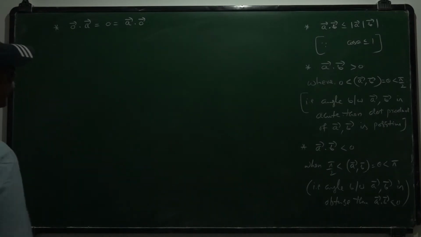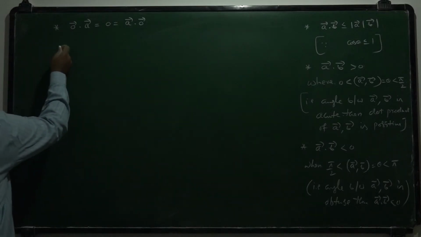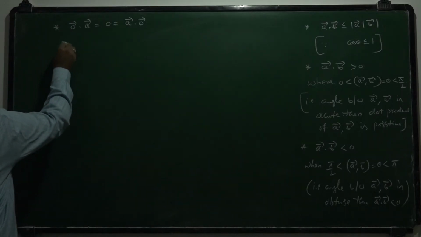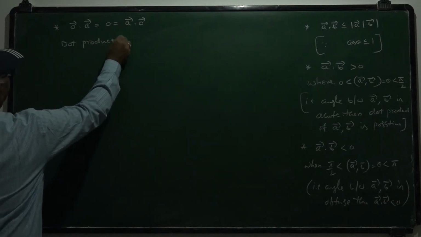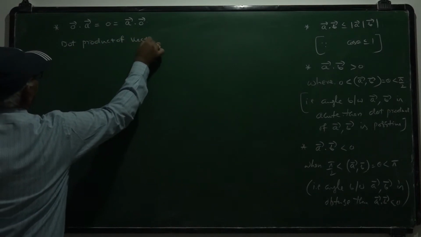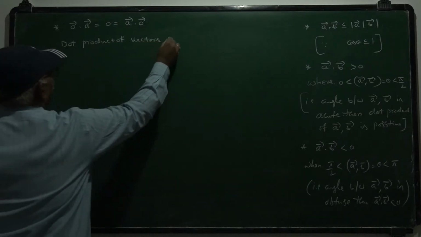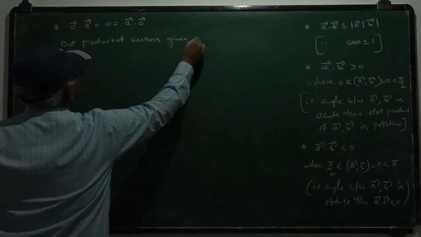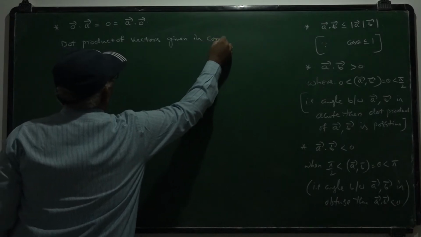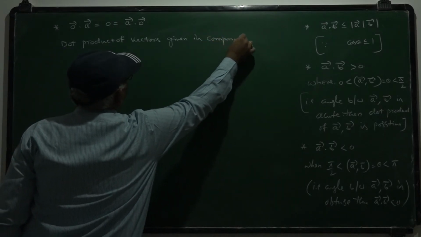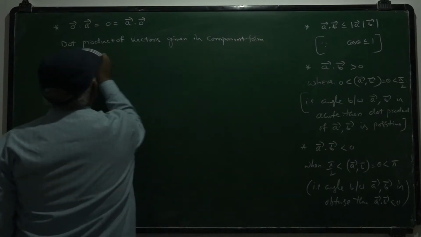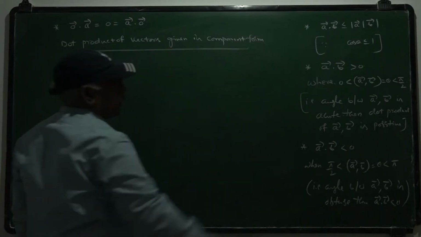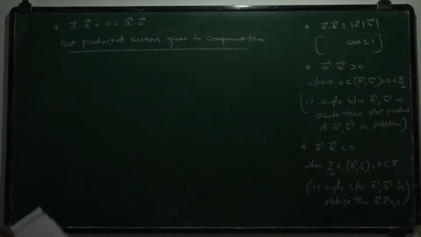Now coming to the dot product of vectors given in component form. Once the vectors are given in their component form, then what is the dot product?